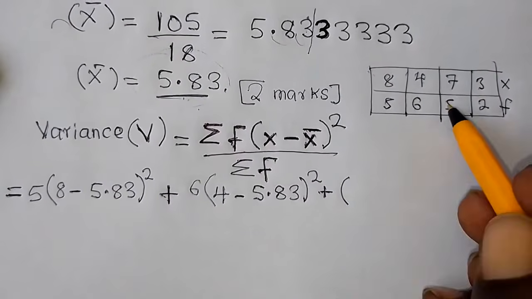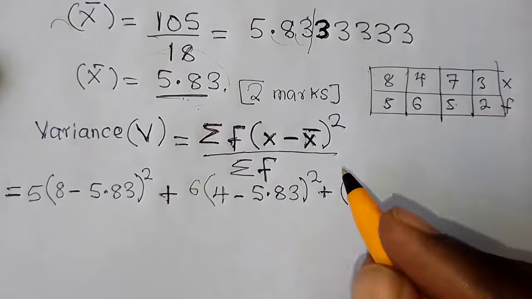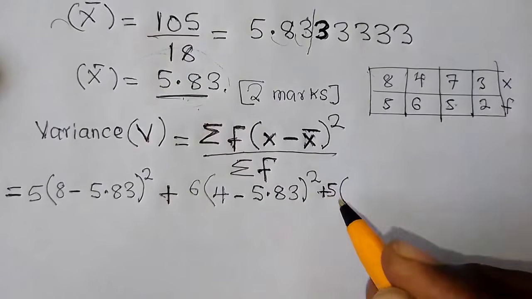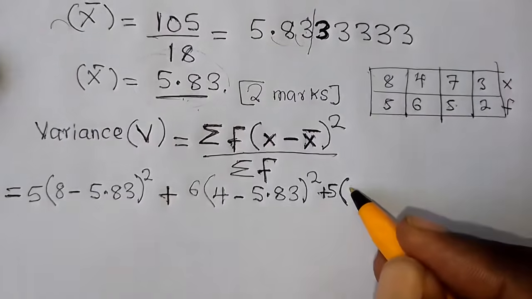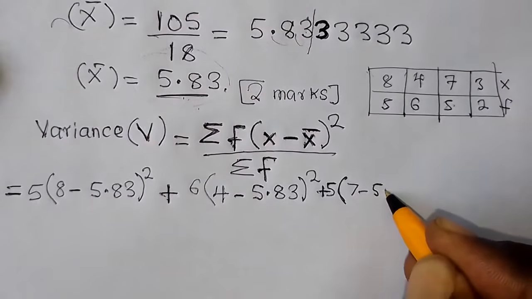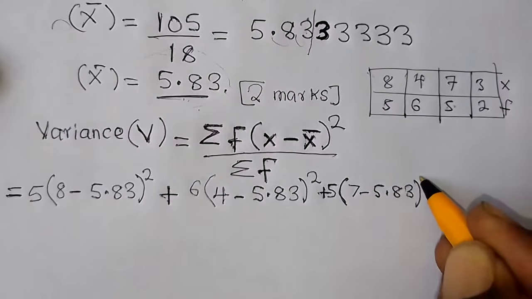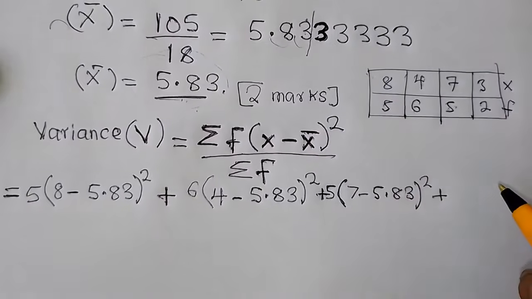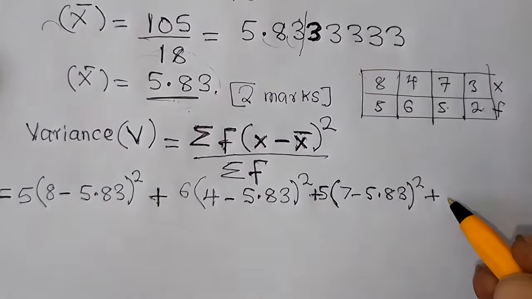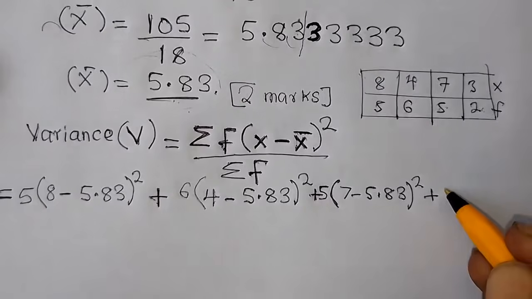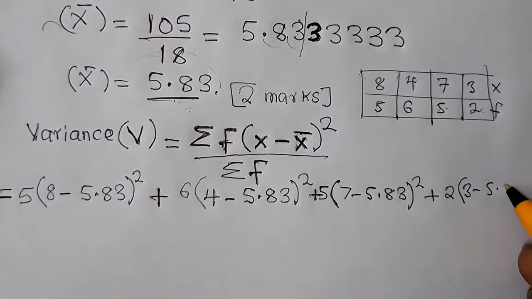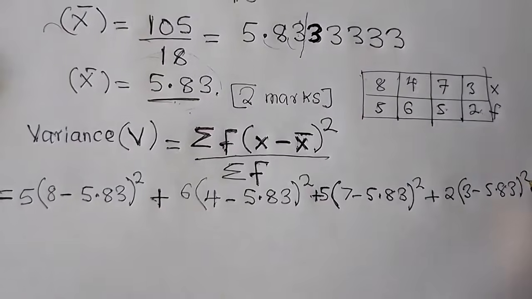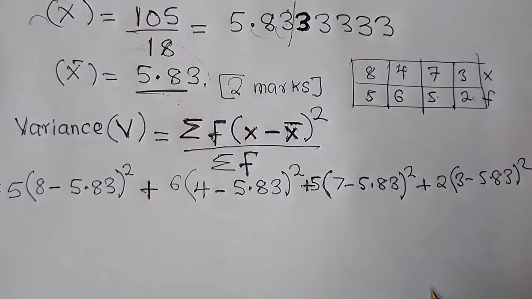The frequency there is 5. So 5 here. Open bracket. Then 7 minus 5.83, cross, squared, plus. The last one is what? 2, open bracket, 3 minus 5.83, cross, squared. Have you seen the way I've written this?